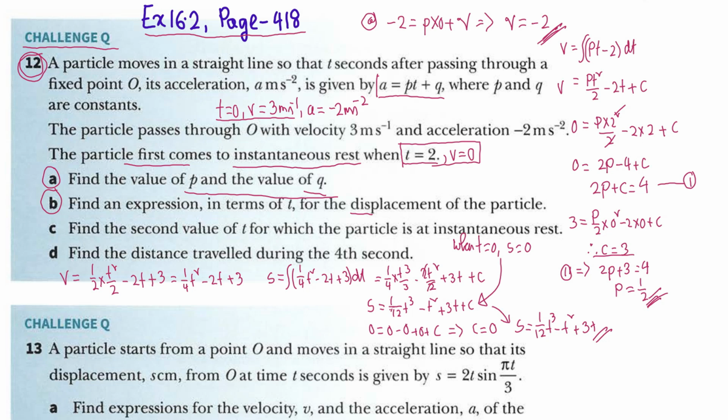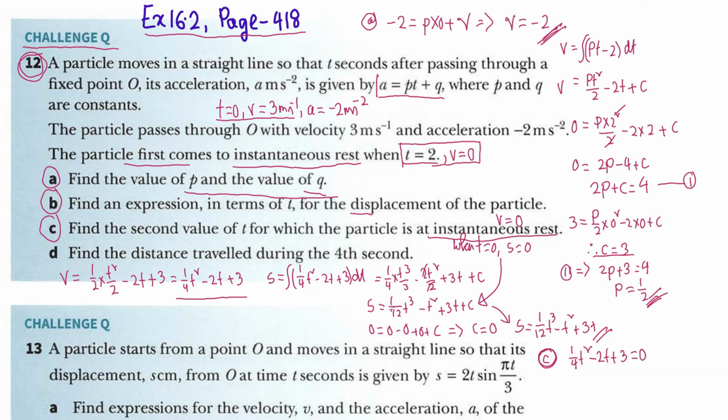Okay, the next question is the velocity. Find the second value of t when the particle is instantaneously at rest. So we have one velocity expression. This is our velocity expression, so we should consider another value of t, v equals to 0. Let me do that, question part C I'm doing here. Instantaneous rest means we always need to consider velocity equals to 0. 1 by 4 t square minus twice t plus 3 was our velocity expression.